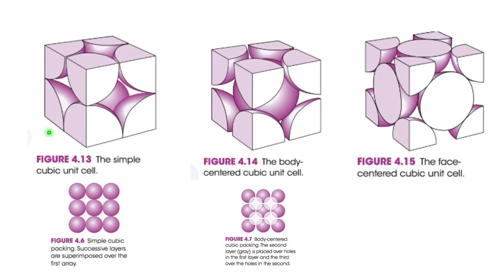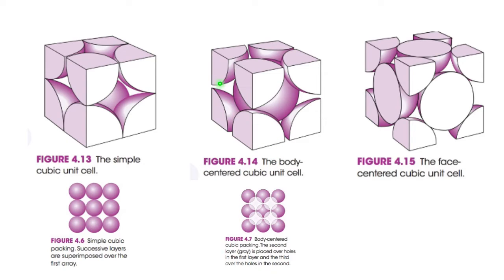The most primitive way to arrange them is a simple cubic unit cell. So we have a cube, and at each of vertices we have a sphere. It's a very simple way.